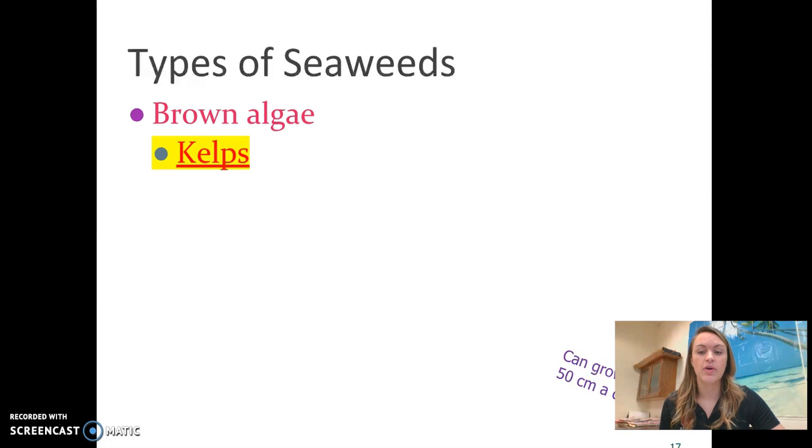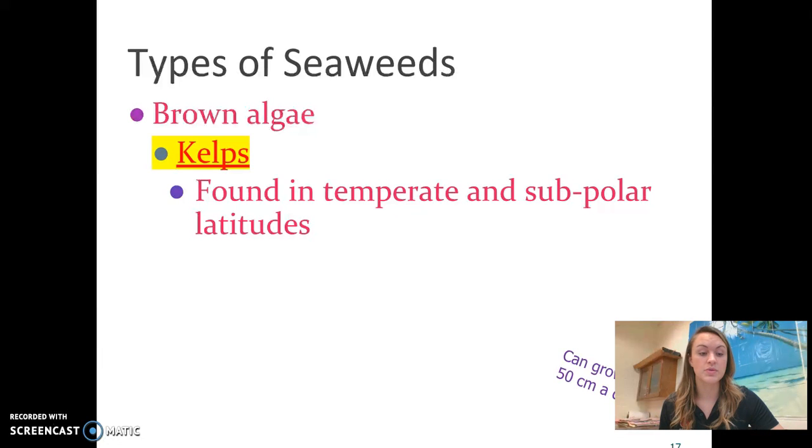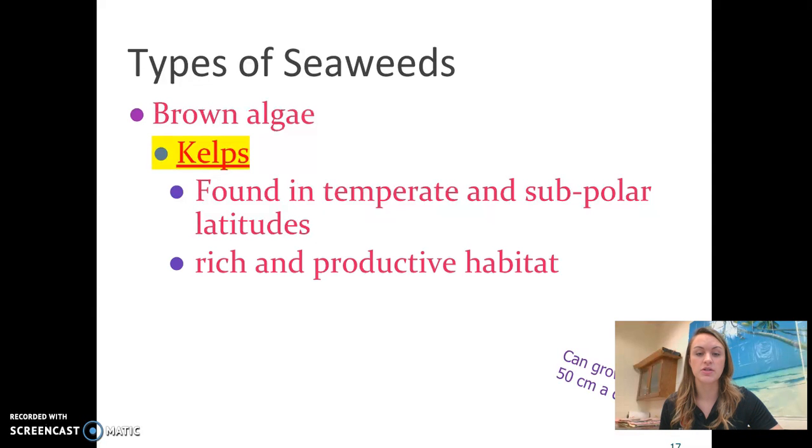All right, talking about some more brown algae. This is where we find our kelps. We're going to watch a little clip of Jonathan Bird on kelp forest, and it's so interesting to see all the different types of creatures that live here. Kelp forests are found in both temperate and subpolar latitudes, and they are a super rich and productive habitat.